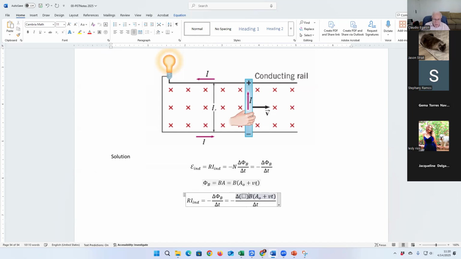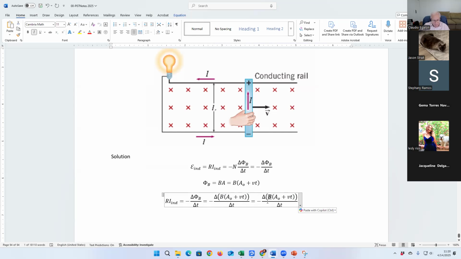Like that. That's the magnetic flux, right? Magnetic flux, you go. The B is a constant.